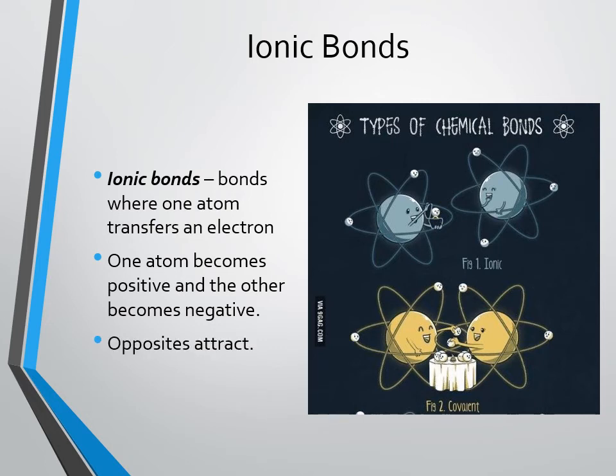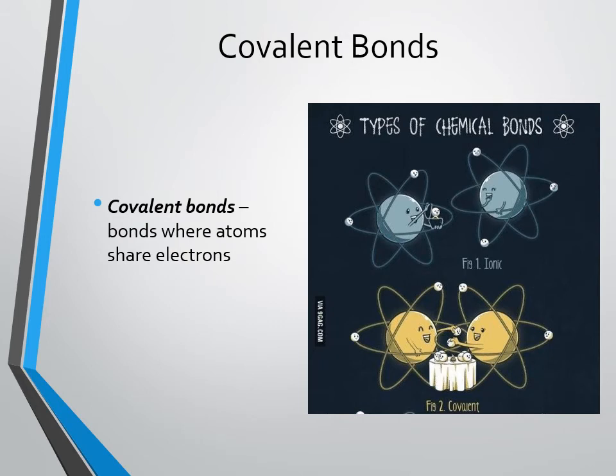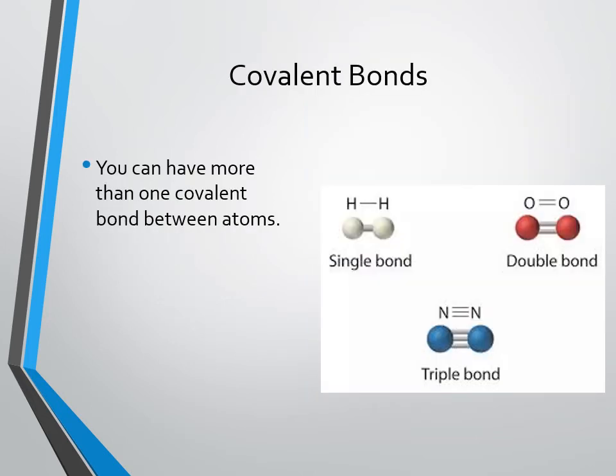And opposites attract. Getting into covalent bonds down here at the bottom, it's where they're actually going to share. So they'll swap back and forth. Each covalent bond shares 2 electrons. You can see that here. We have a single bond going on right here. They're sharing those electrons right here.